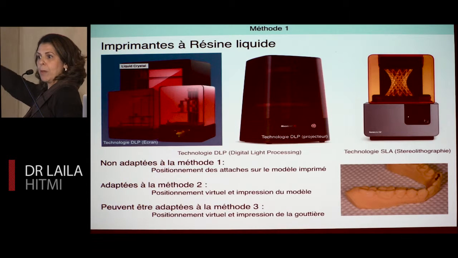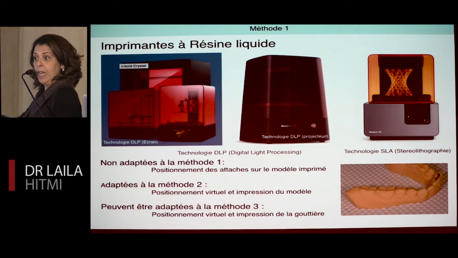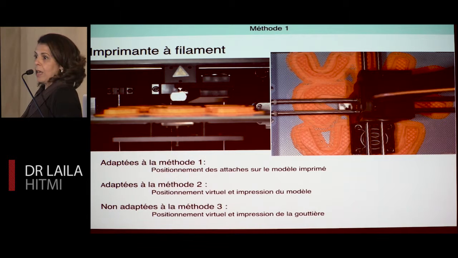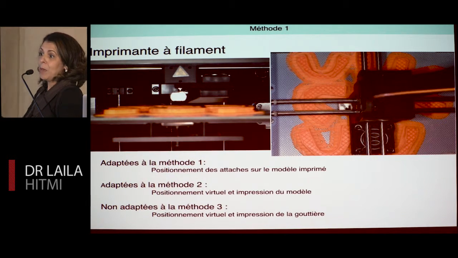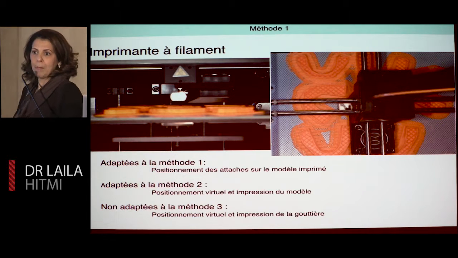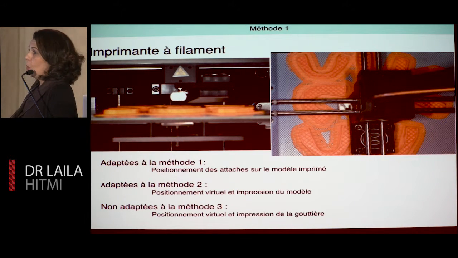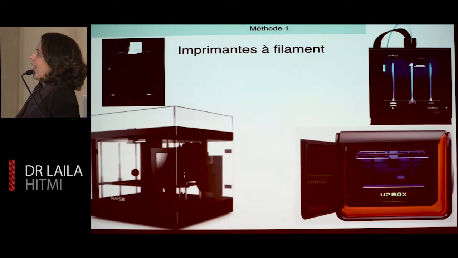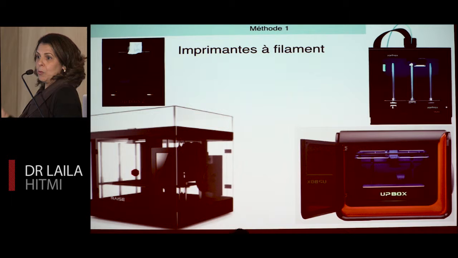The second method, virtual positioning and model printing, yes, you can do it. And in the third method, only this type of printer will be suitable. Filament printers are suitable for the first and second method, but not the third, because they cannot print the model, the positioner itself. I believe that you're going to have both technologies in your office.